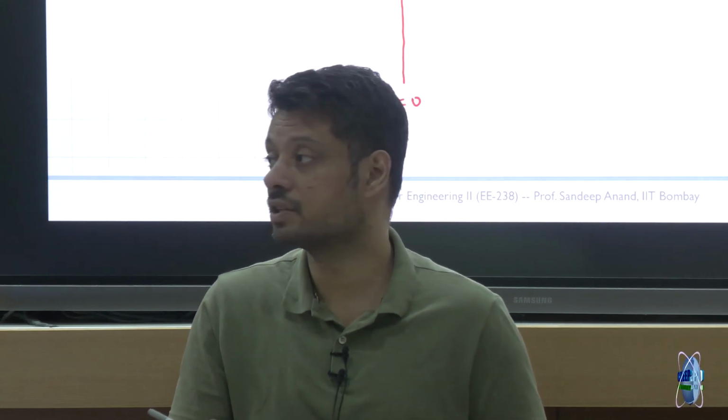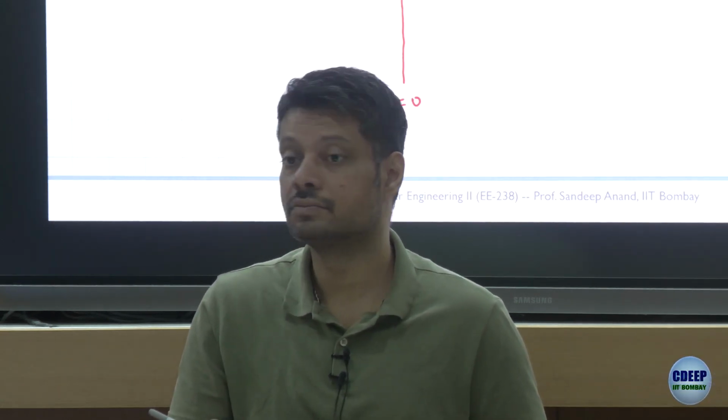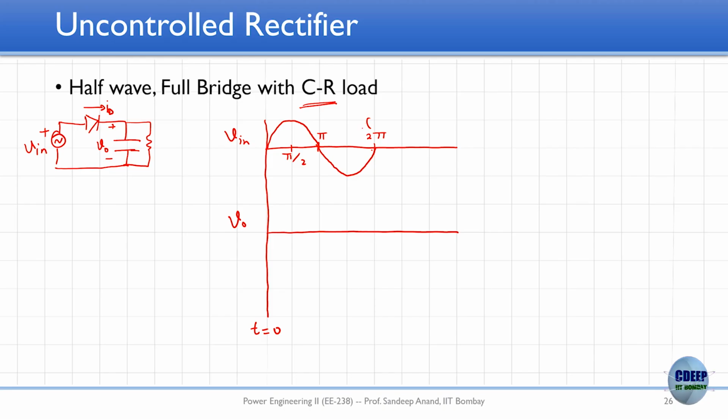Or if you want to represent it in time, assuming it's a 50 Hz signal, what is the total duration? Excellent answer, 20 milliseconds. Then the midpoint would be 10 milliseconds, this would be 5 milliseconds. So you can represent the timeline in whichever fashion you want.